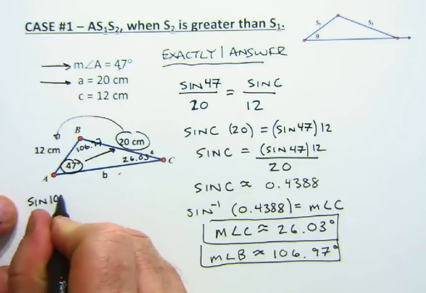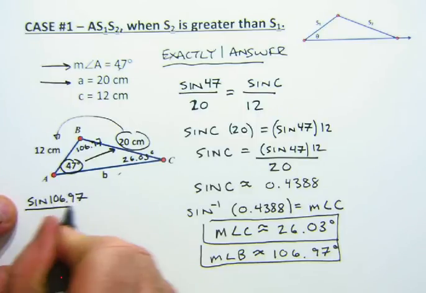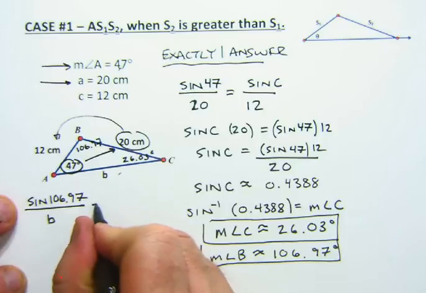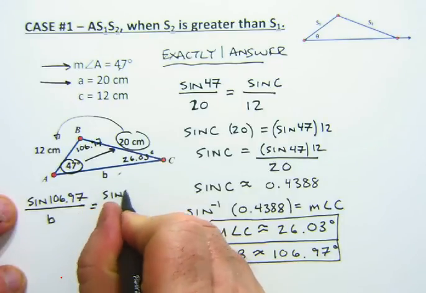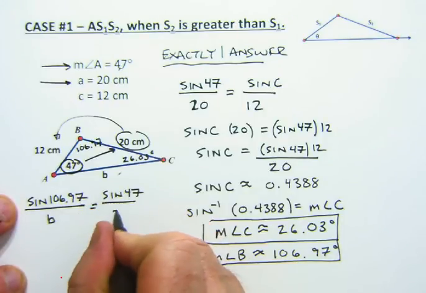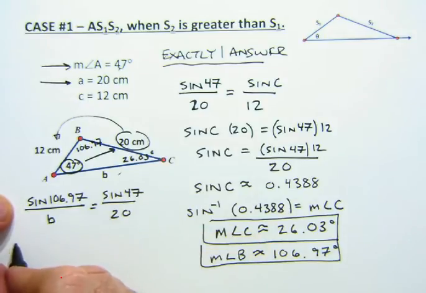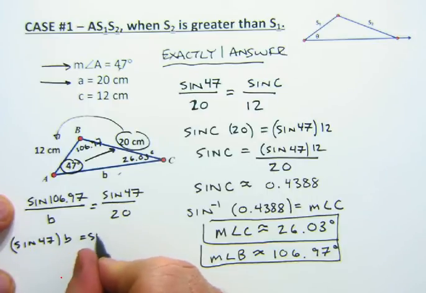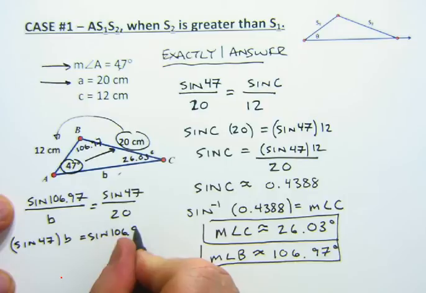The sine of 106.97 is to B, as the sine of 47 is to 20. And again, through a little cross multiplying here, we obtain this relationship.